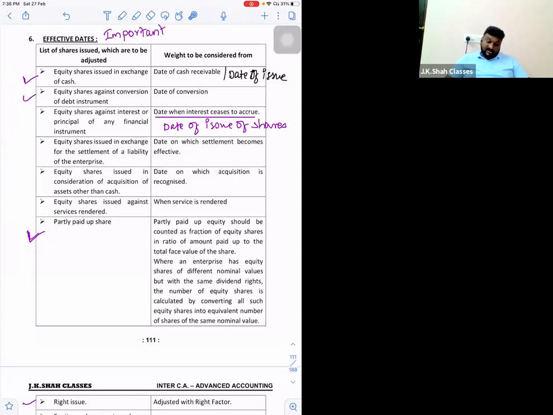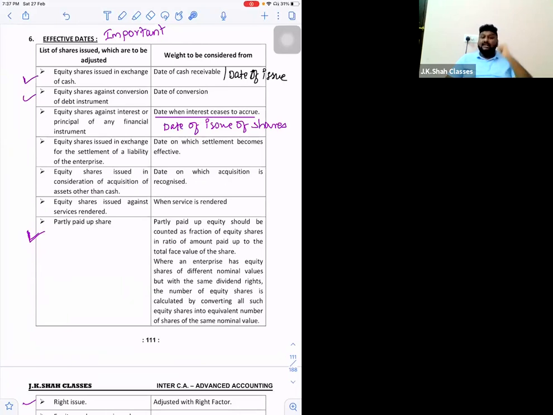Equity shares issued in consideration of acquisition of assets other than cash. It means shares are issued for consideration other than cash. You have already learned this in CA Foundation. In such cases, from what date should the shares be considered as outstanding?